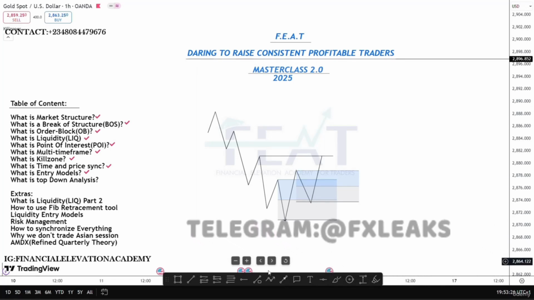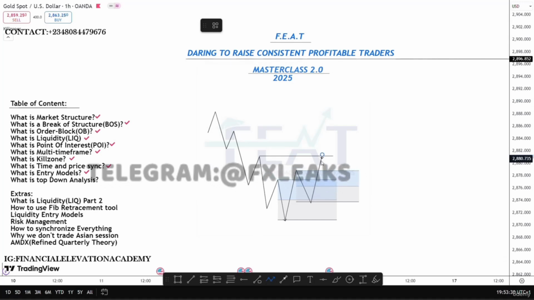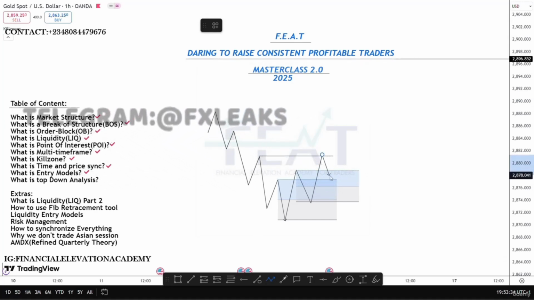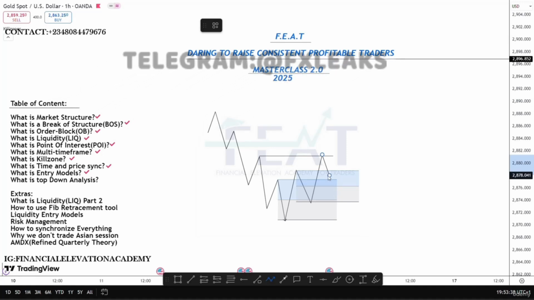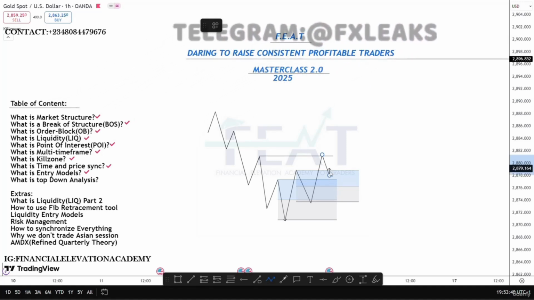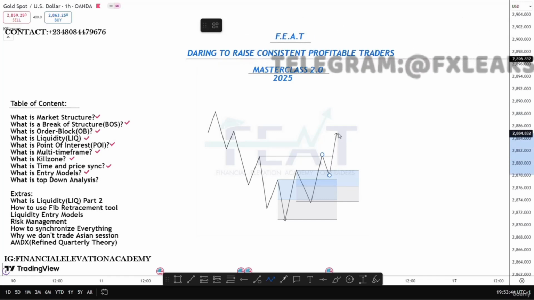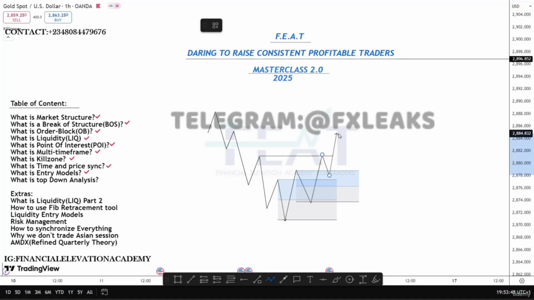So one of two things can happen. Price can from here retrace into POI1, and on the monthly time frame create a weekly buy break of structure or daily buy break of structure and push up into higher levels.